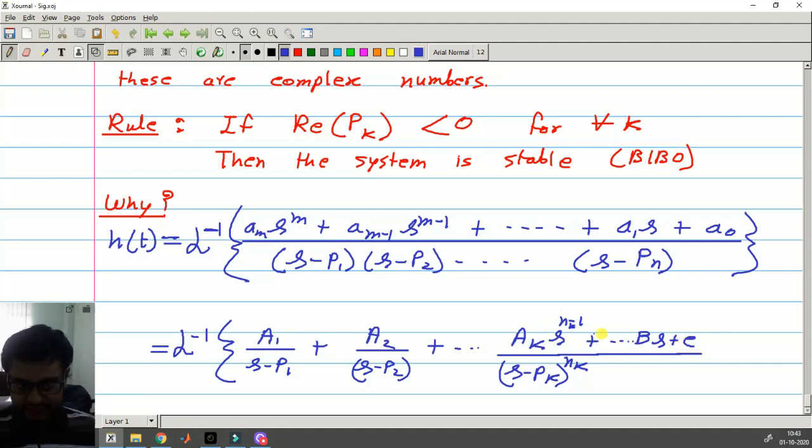Here this numerator is a polynomial with degree nk minus 1, 1 degree less than this nk, plus so on. Finally you may get a term with s minus pn.